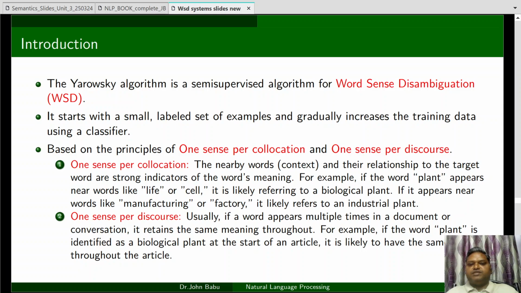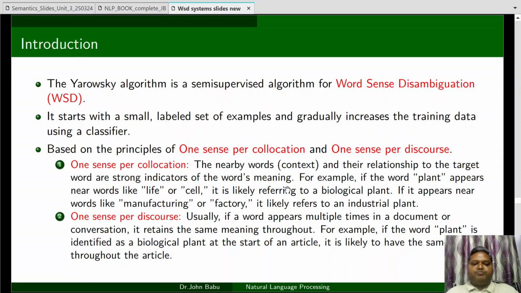Sometimes we call it seed data. Then we gradually, iteratively train that using a classifier. The base of this algorithm is that whenever we have a collocation, a set of nearby words, that word will have one sense.